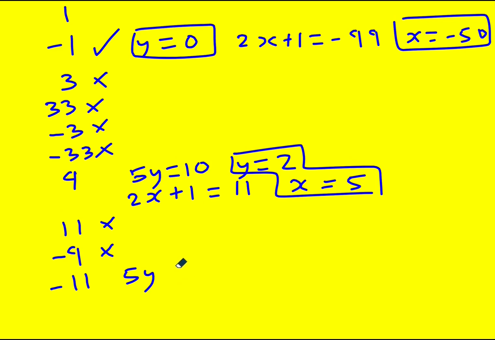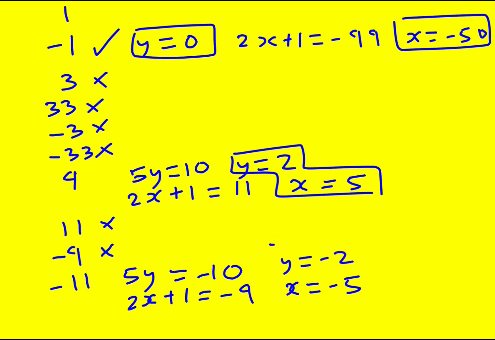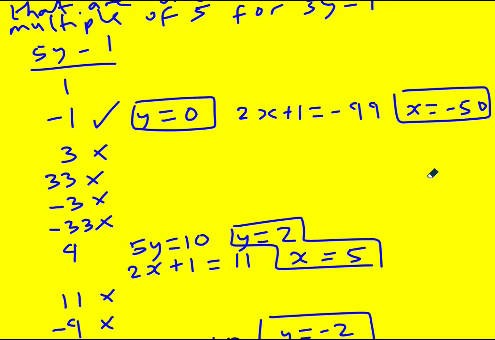So 5y is going to equal minus 10. And 2x plus 1 is going to equal minus 9. So x is going to equal minus 5. Oh, sorry, and y is equal to minus 2. And those are all my solutions.